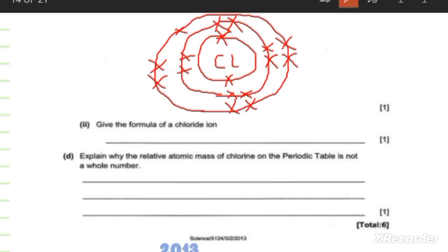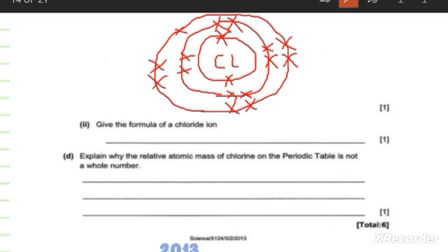The next question, give the formula of a chloride ion. Remember, chlorine is a non-metal, and non-metals have a tendency of gaining electrons. Since this one has 7 electrons in the outermost shell, for it to be stable, it needs to gain 1 more electron.